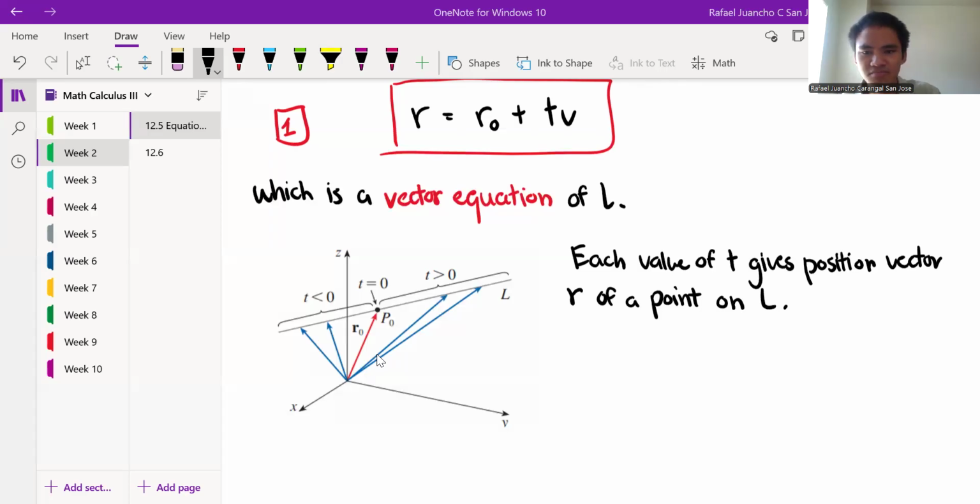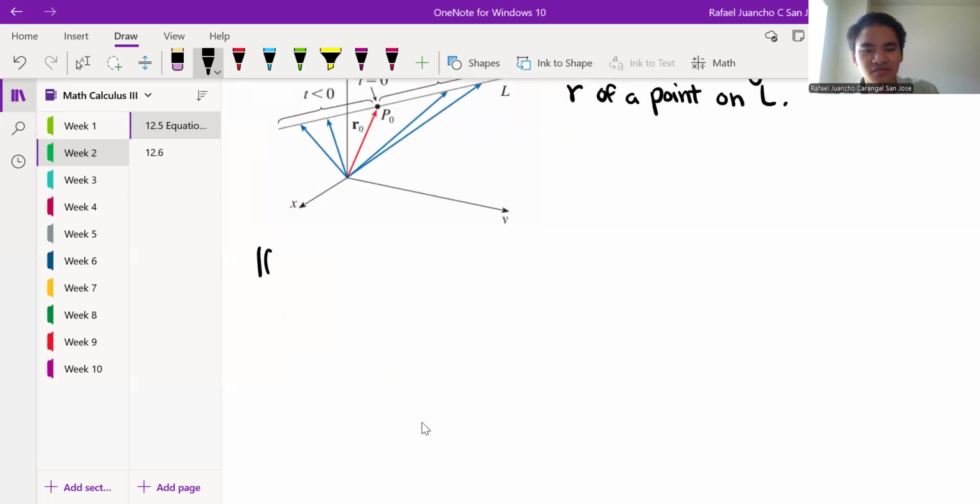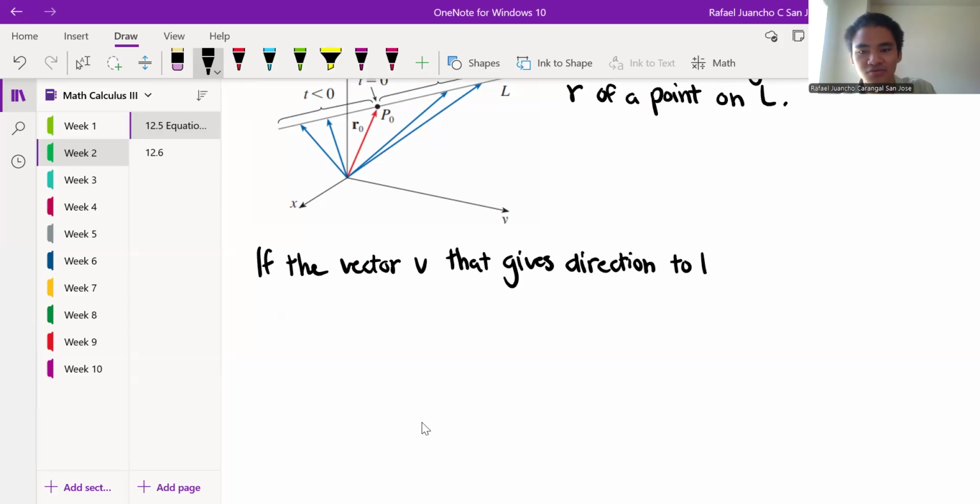Okay. I'm gonna go down here. If the vector v, I think this is in our vector equation, that gives direction to line L is written in component form.